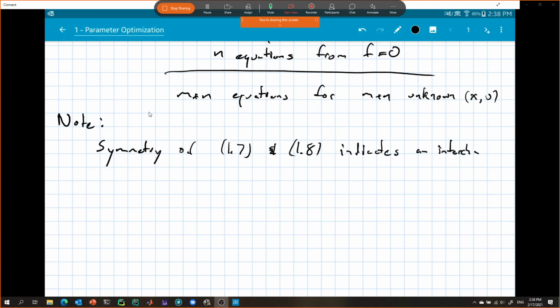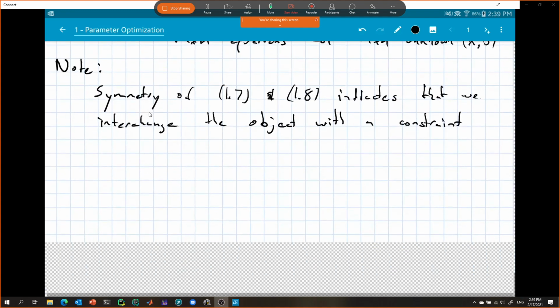Okay, let me not try to spell interchangeability, and instead just say that we can change the objective with a constraint.